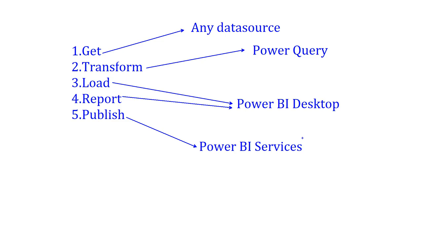The main reason is the second one, transforming. In Tableau, we have to transform it manually and load it. So get, load and report. Transforming is not there. The transforming is not powerful in Tableau, but Power BI has the tool of transforming. But in Power BI also, there is an option available: get and straight away you can load it.